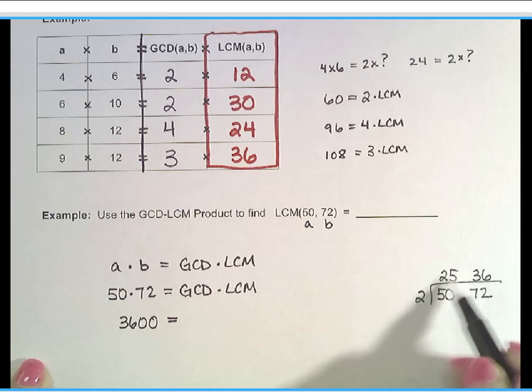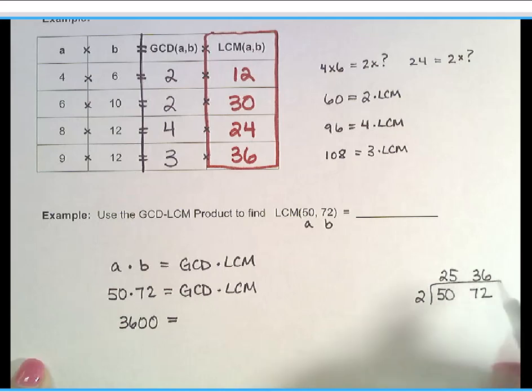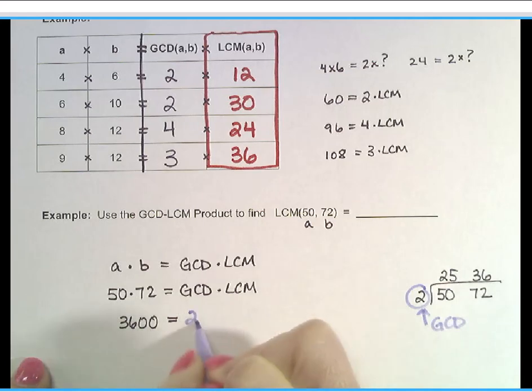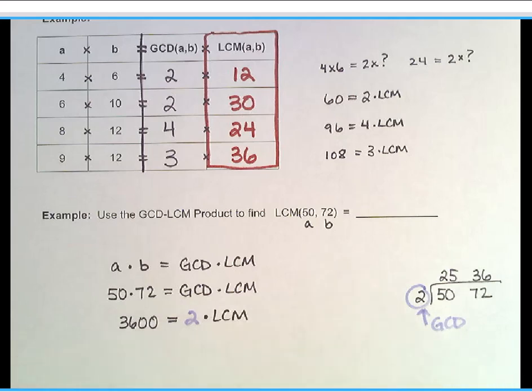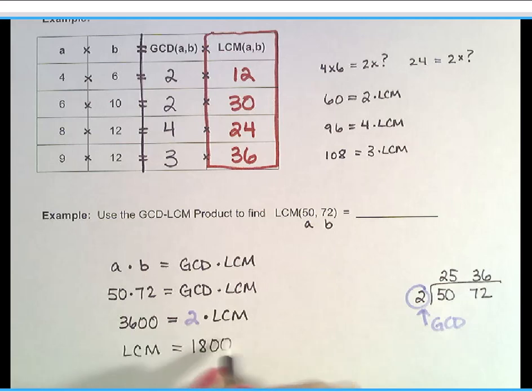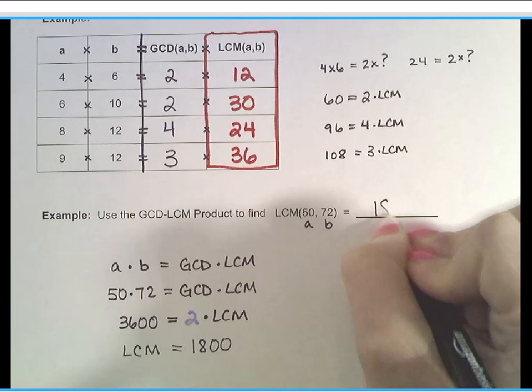No, because 25 is 5 times 5. So actually we're done. There's your GCD. There's only one number there, so this would be 2 times the LCM. Then you could divide both sides by 2, and you'll find out that the LCM is 1,800.